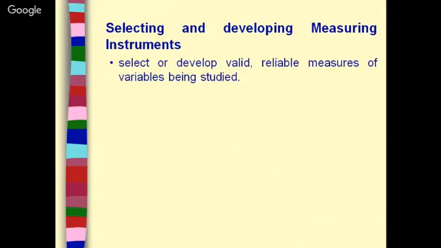Point is, whatsoever test you are selecting, that must give you valid and reliable measures of the variable. If they are not valid, right, you are making readings for the pH, but the pH meter is not proper, is not giving you accurate results. Your whole study will be fruitless, I would say, if your measuring instruments are not proper. I have seen many researchers who construct their own questionnaire, don't validate it, and use it as such in their research study.